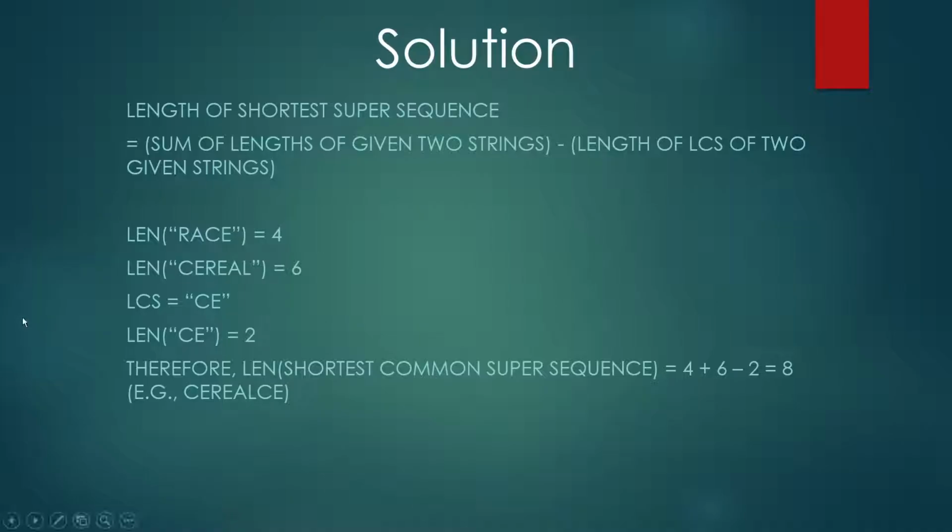So for this example, length of race is 4, length of serial is 6, LCS is equal to CE, which means the length of CE is equal to 2. So the length of the shortest common supersequence is 4 plus 6 minus 2, which is equal to 8. An example can be CEREALCE.